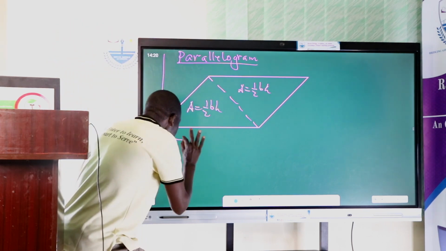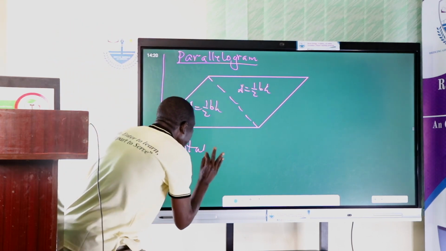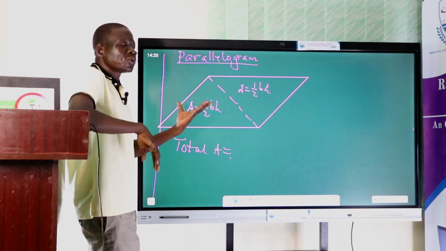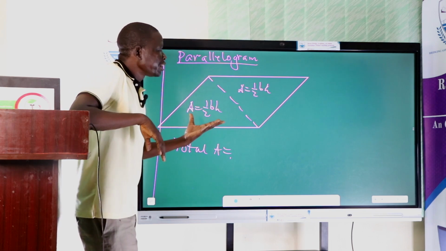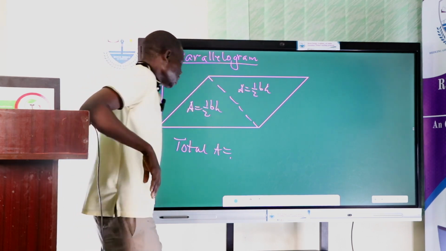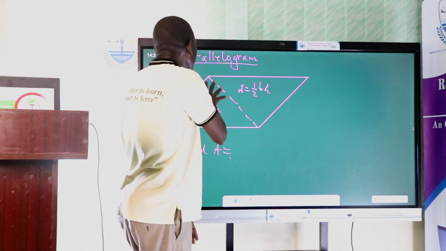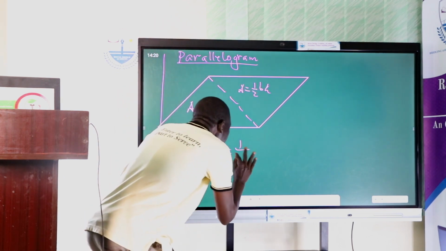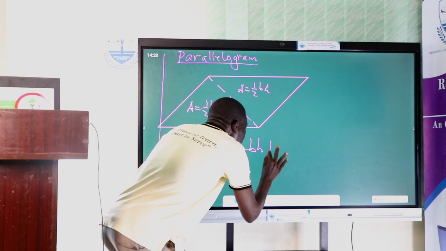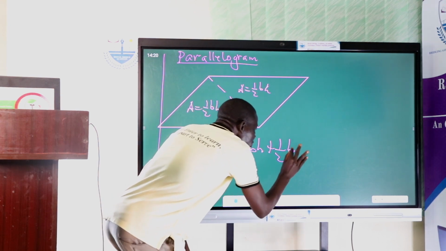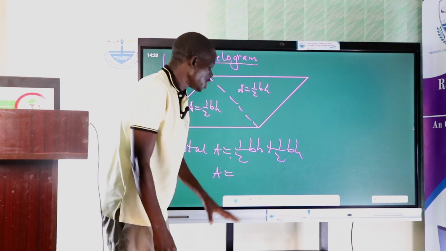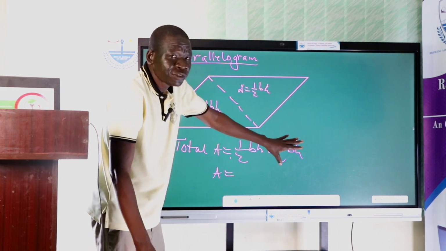So the total area of the parallelogram will now be equal to the area of the individual triangles. That is to say, area of this triangle plus the area of this triangle, which is a half big H plus another half big H.